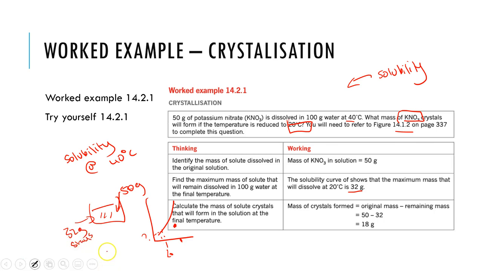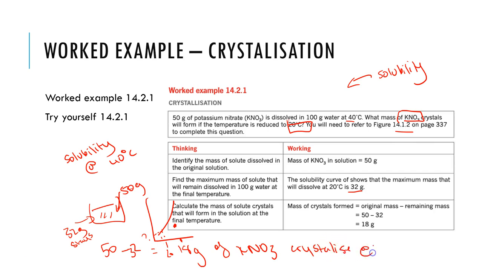Okay, 32 grams stays in, so therefore the initial amount we put in, 50, minus the 32 that stays in solution will mean that 18 grams of potassium nitrate will be seen to crystallize out at 20 degrees C, because the maximum that can stay in solution is 32 grams.